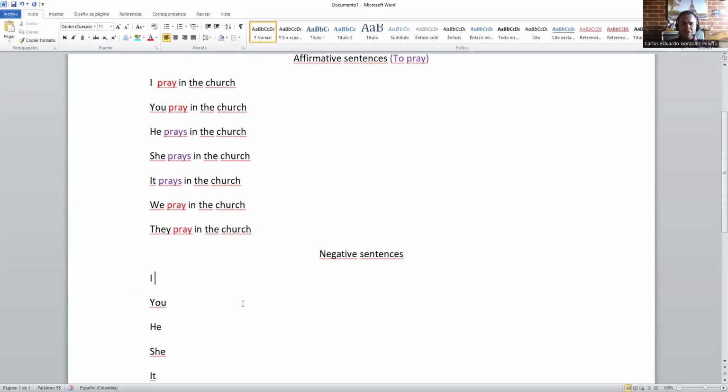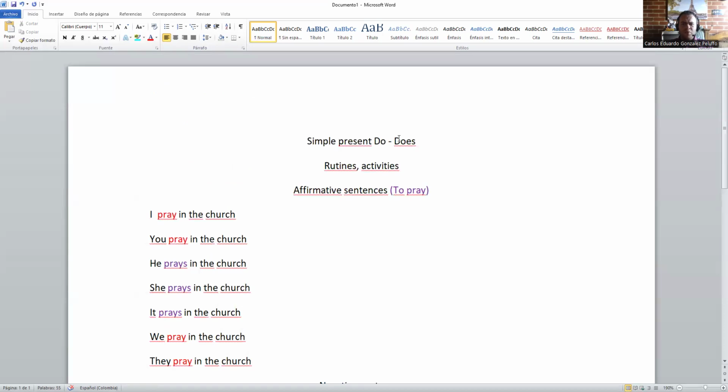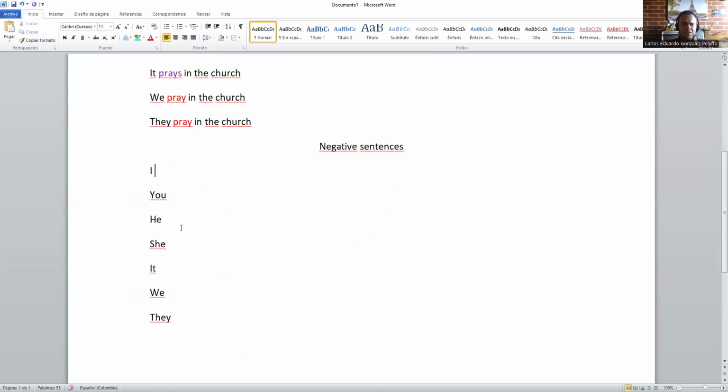If we have third person singular, we always use does: he does, she does, and it does. For the other subjects, we use do: I do, you do, we do, and then we use not.